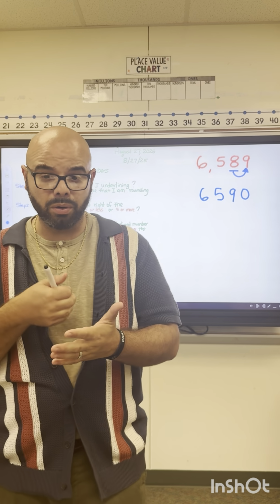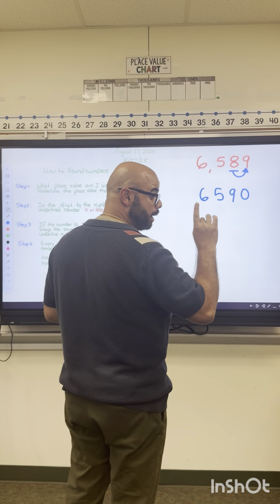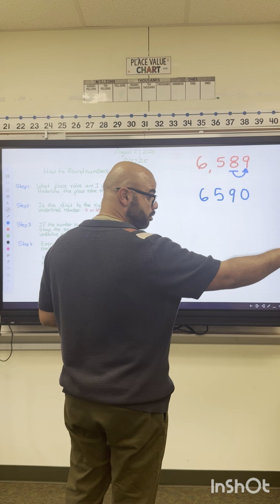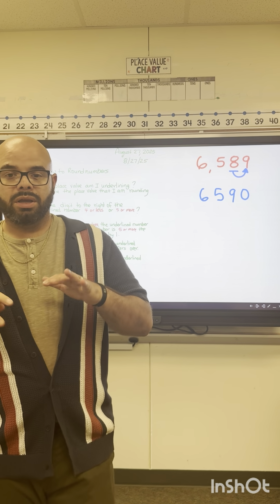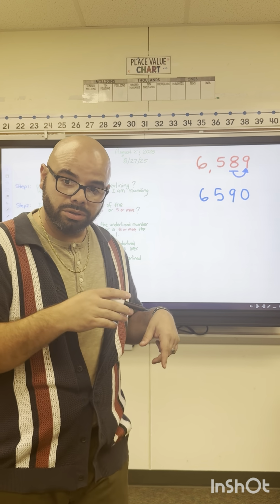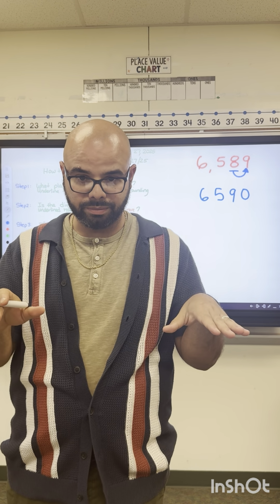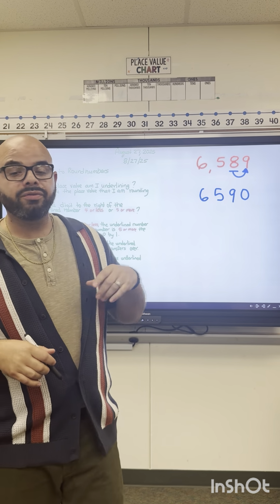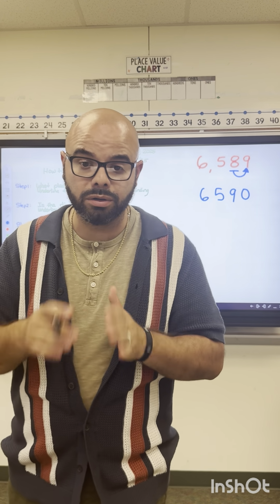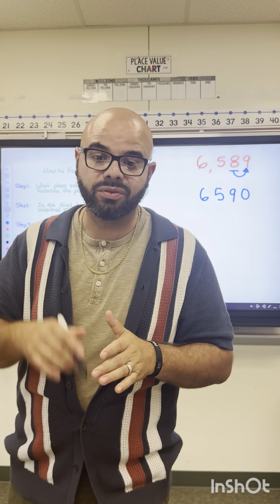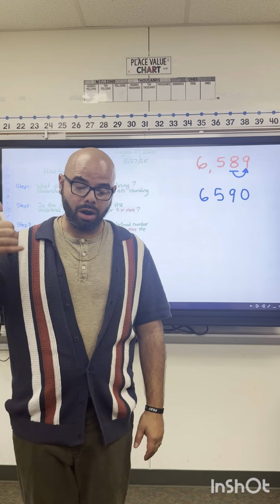So if the number to the right of the underlined number is 4 or less, that underlined number stays the same. You don't round it up, you don't move it, okay? If the number to the right of the underlined number is 5 or more, then that underlined number needs to go up, okay?